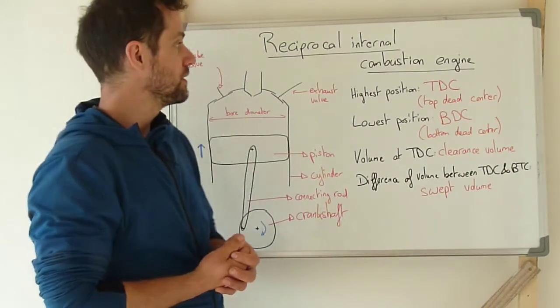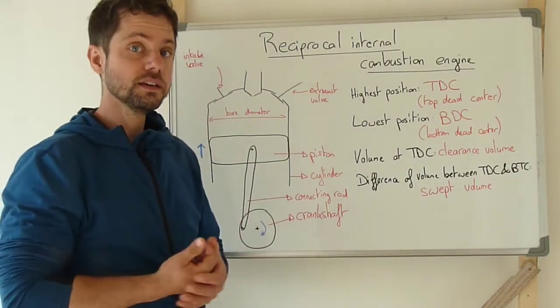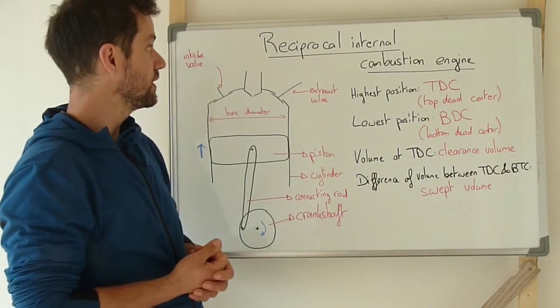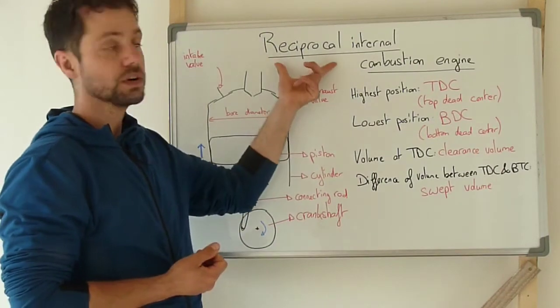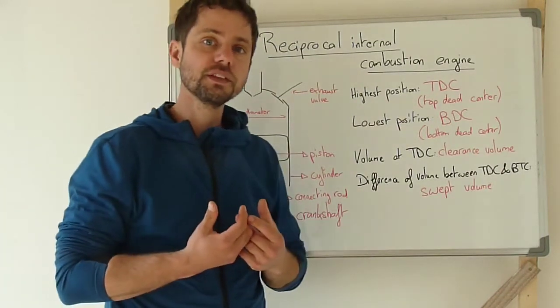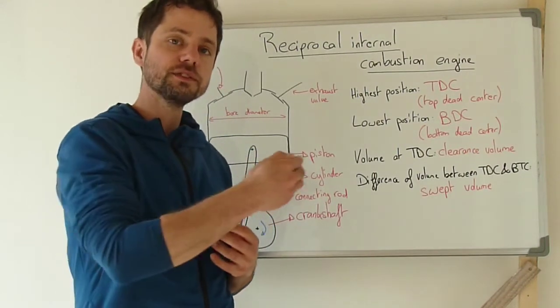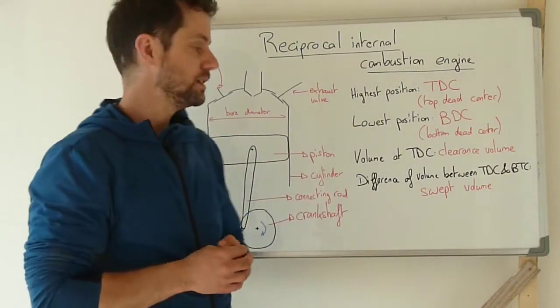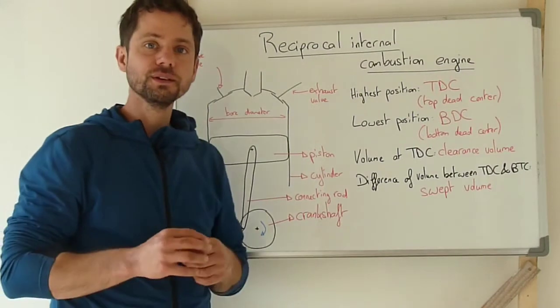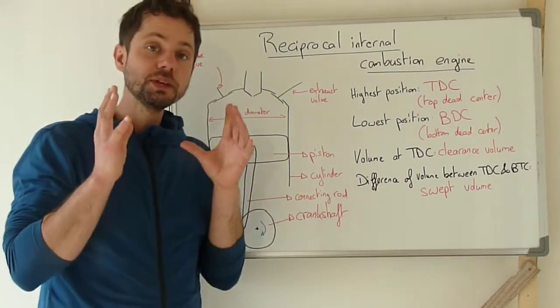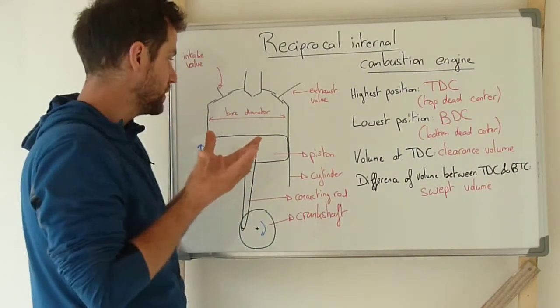Now the new thing for this kind of cycle is that these cycles are reciprocal. This means that the different transformations are taking place one after the other in time. So now the thermodynamic point of view will be a bit different.